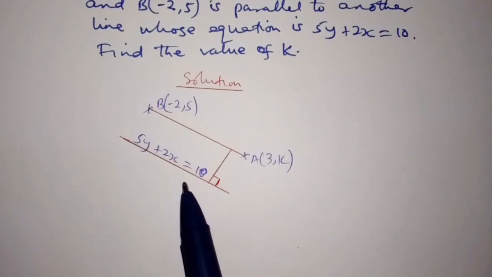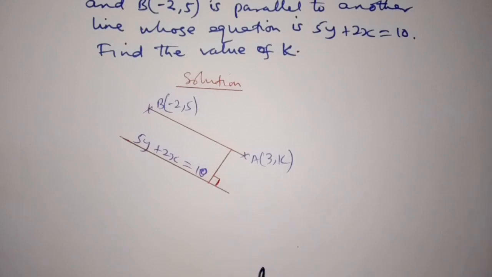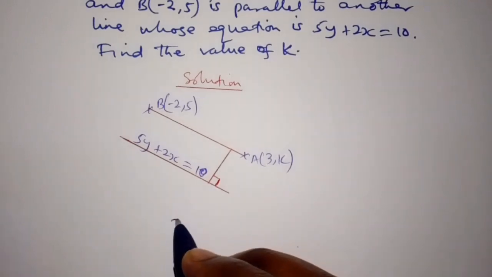How can we find the value of k? In solving this problem, we are going to use some facts. The first one is that parallel lines have equal gradients.